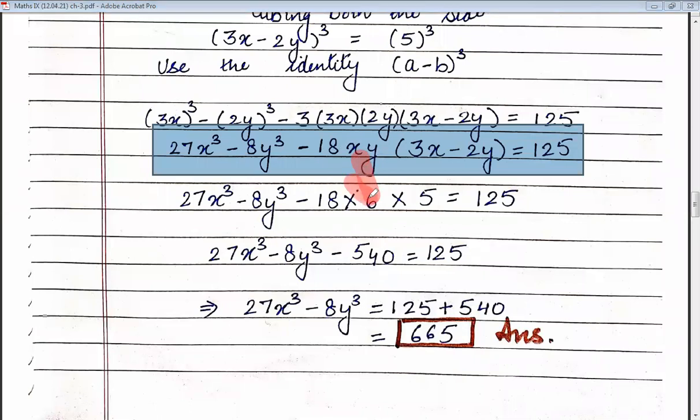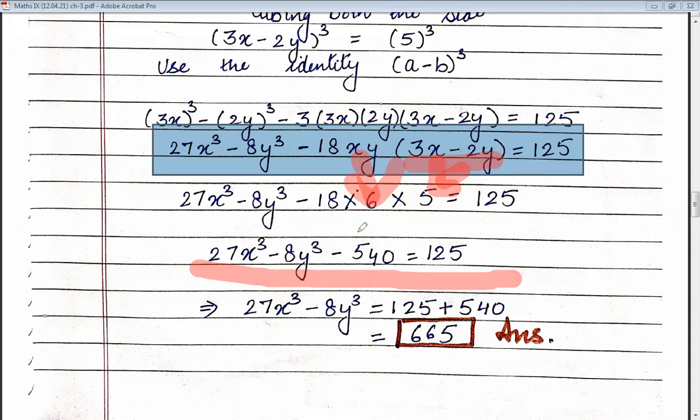It is given in the beginning, xy is equal to 6 and 3x minus 2y is also given, that is 5. So instead of these two expressions, you can write 18 multiplied by 6 multiplied by 5. Now children, just solve it. You will get 27x cube minus 8y cube minus 540 is equal to 125.